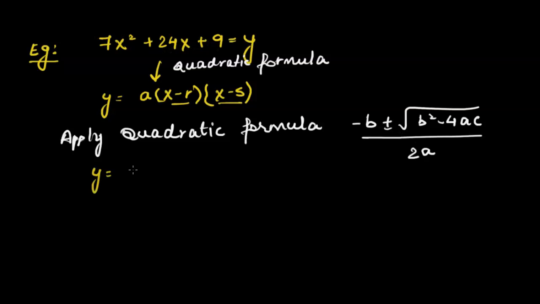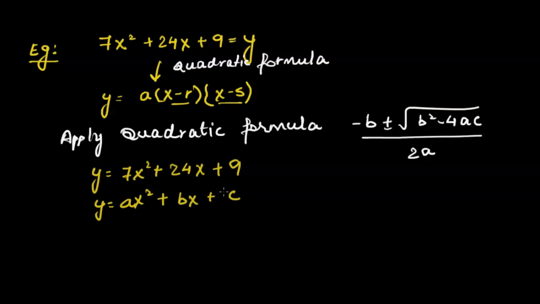Now, what will these a, b, c in the formula get substituted by? Let's take the example question: y equals 7x squared plus 24x plus 9. Because we are going to apply the quadratic formula to standard form, and we know the general standard form of the equation is ax squared plus bx plus c, a, b, c are the numbers in front of the x squared and x terms, and c is the constant by itself.